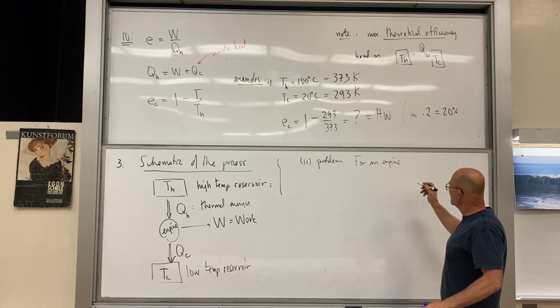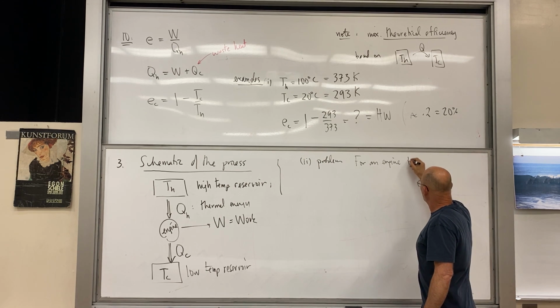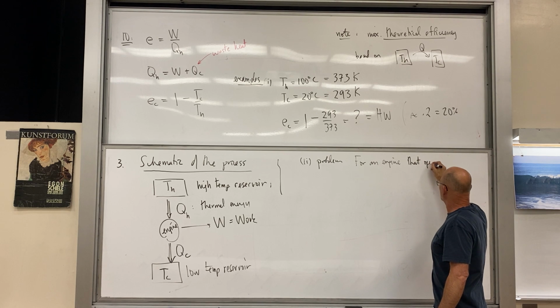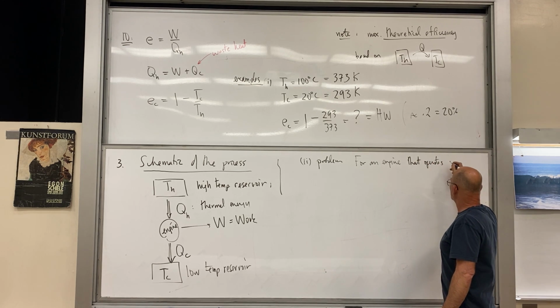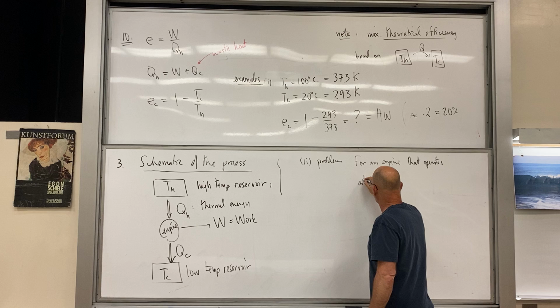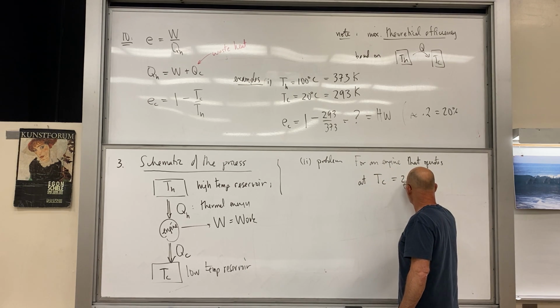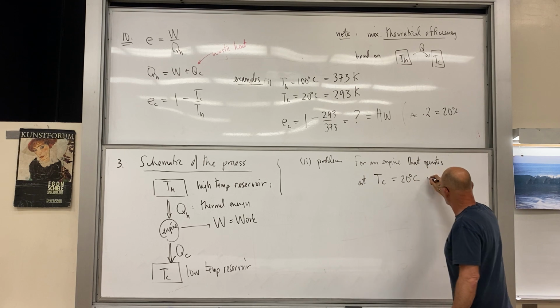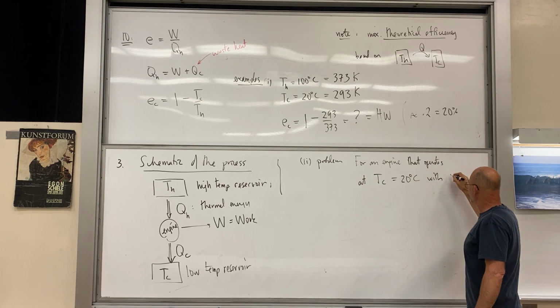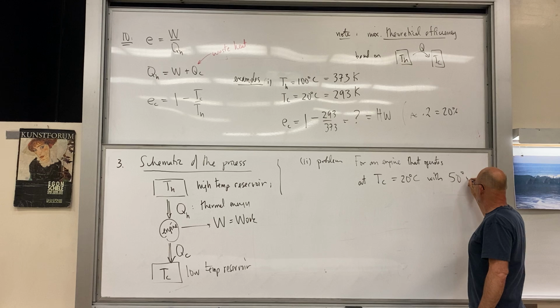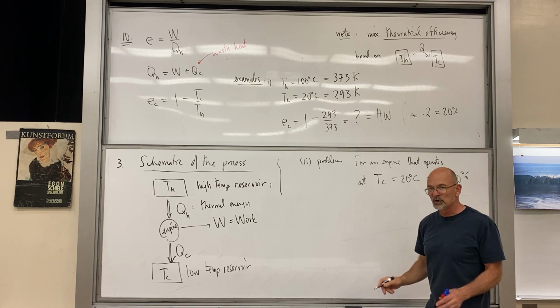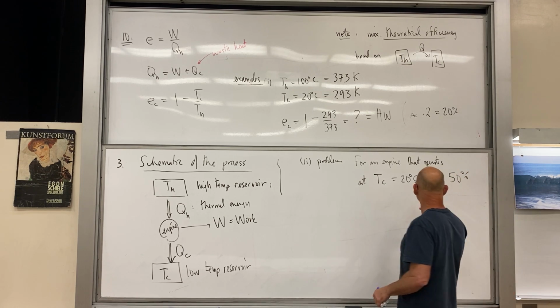So for an engine that operates at TC equals 20 degrees Celsius with 50% efficiency, what we want to do is find the high temperature.